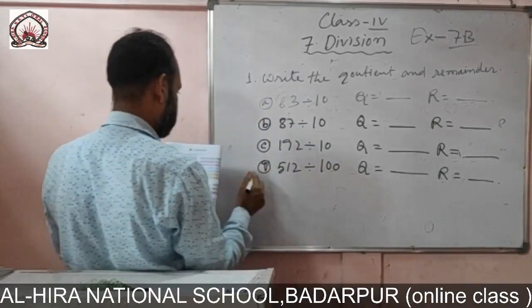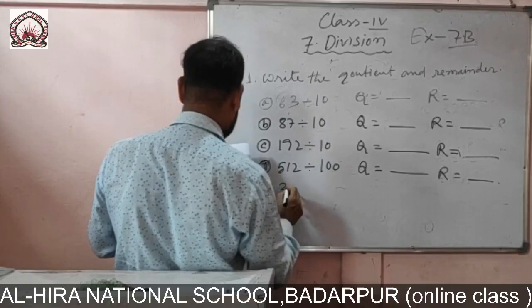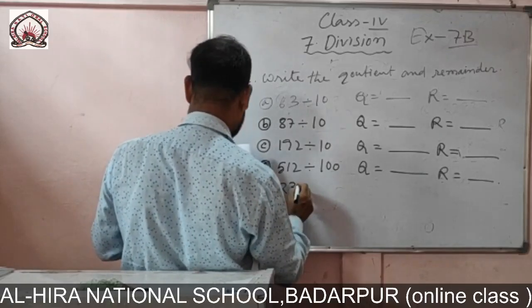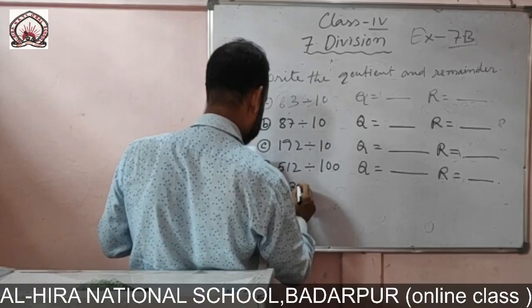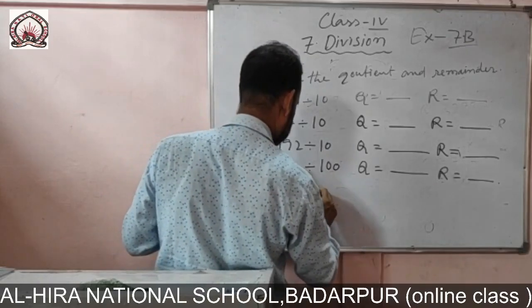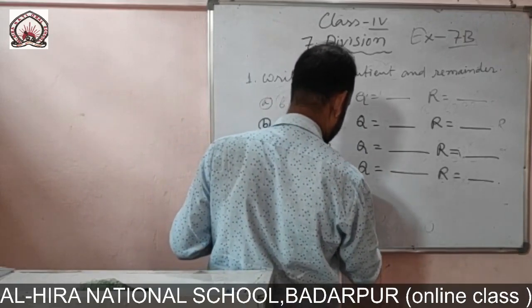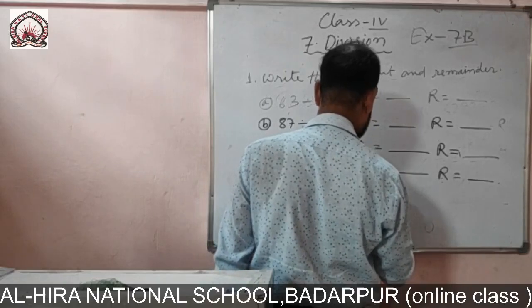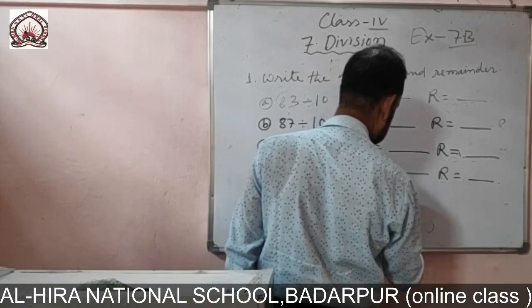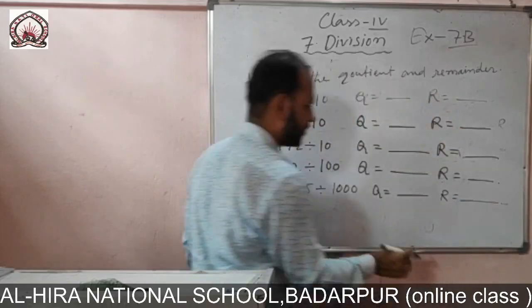Next, K, 2345 divide 1000 equal to Q dash, R dash.